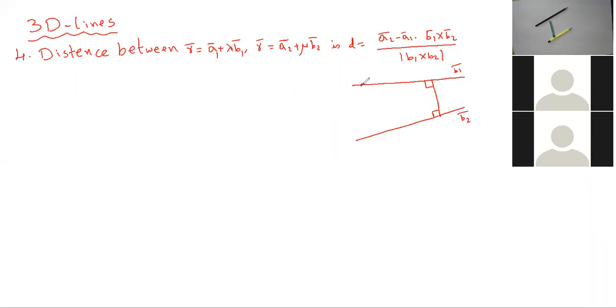And assume that this point is A1 bar and this point is A2 bar. Now this is the line equation given: the first line has point A1 bar and direction B1 bar. A2 bar is a point and the direction of the second line is B2 bar. Now there is a line joining these 2 points, A and B.